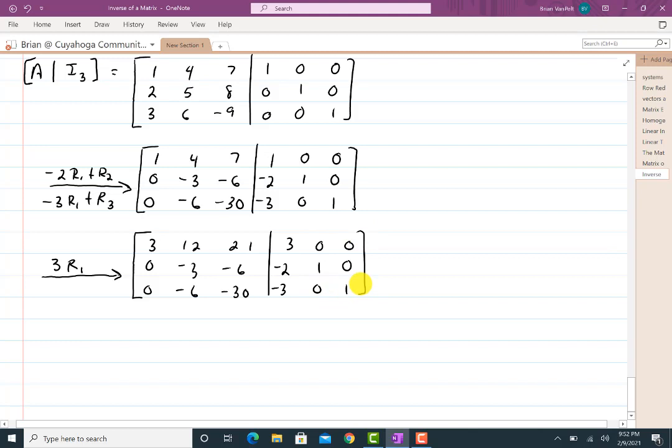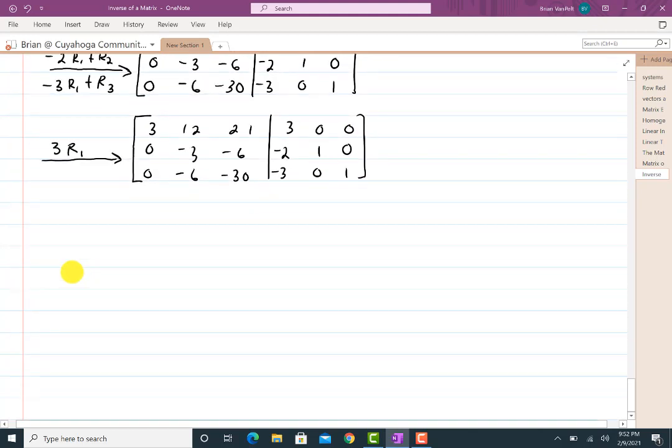I needed to do no such prep work on the last row because it was already set up to be annihilated. So let me go ahead and then use my negative 3 in the middle row here to take out the items above and below it. So I'll do 4r2 plus r1. And we know that nothing in the first column will be affected by any of the stuff that I'm going to do. So this negative 3 times 4 will wipe out that 12 up there. And then negative 24 plus 21 is negative 3.